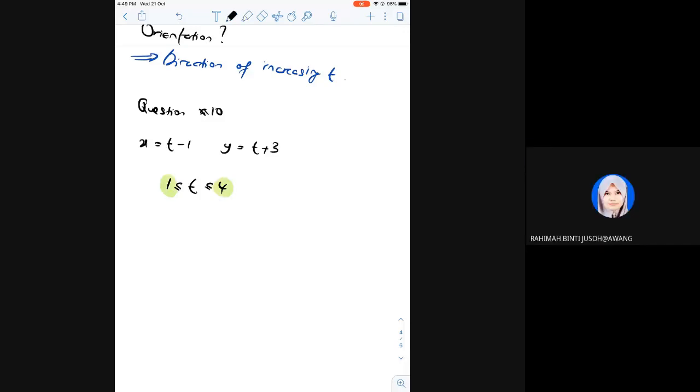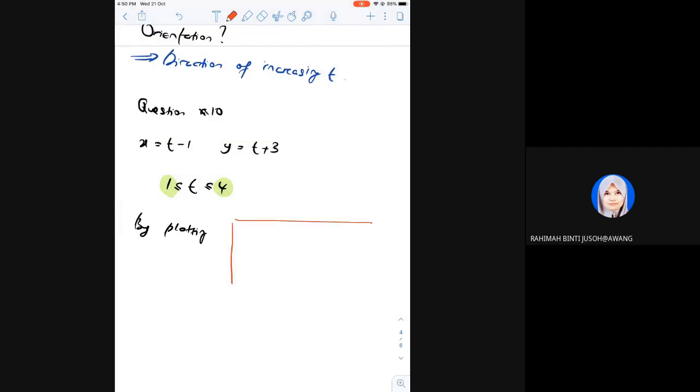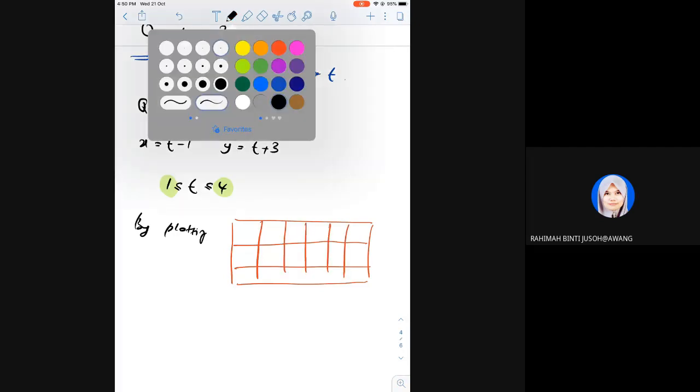Meaning, guys, if by plotting, you have to ensure, okay, 1, 2, 3, 4, 5. Usually 5 values are enough.